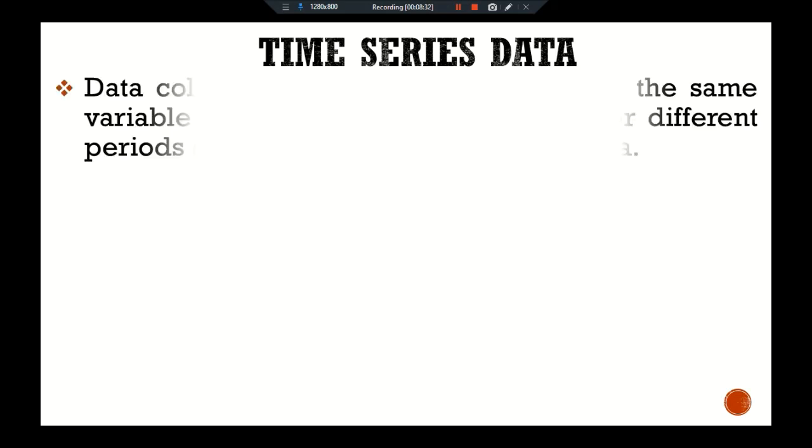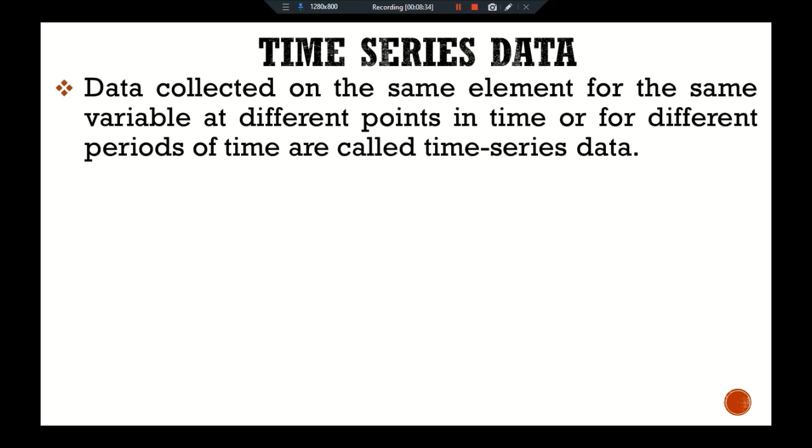So the definition of the time series data: data collected on the same element for the same variable at different points in time, for different periods of time, are called time series data.